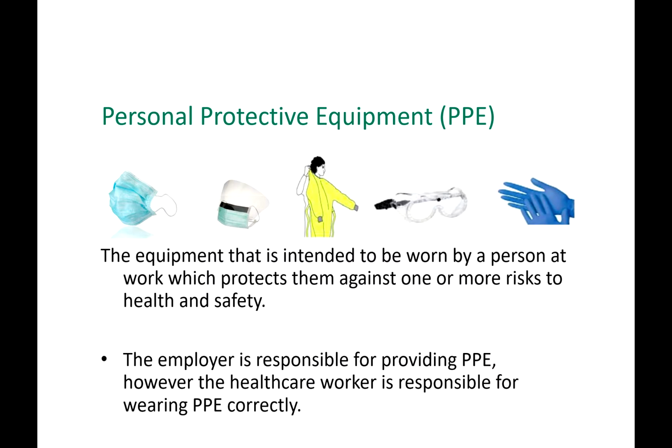Personal protective equipment (PPE). This is all equipment that is intended to be worn by a person at work, which protects them against one or more risks to health and safety. It is important to know that the employer is responsible for providing PPE. However, the healthcare worker is responsible for wearing PPE correctly.